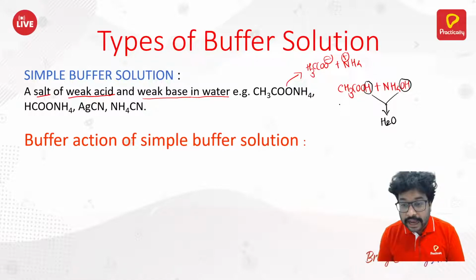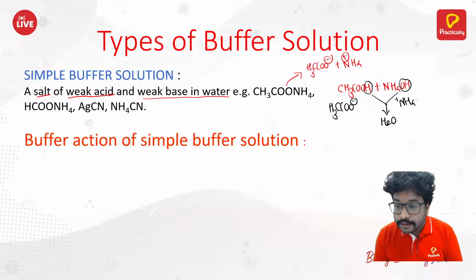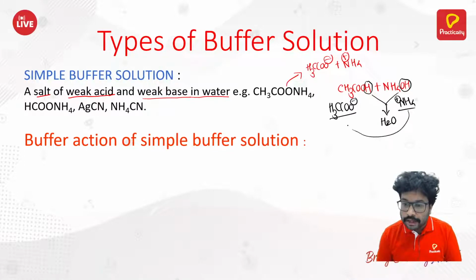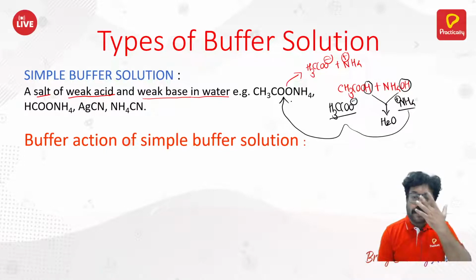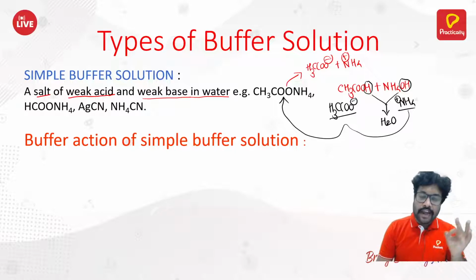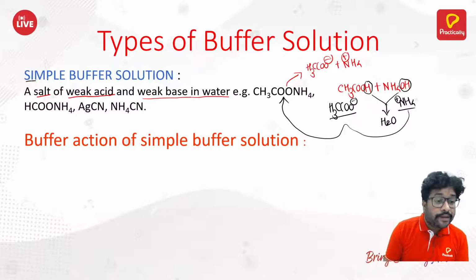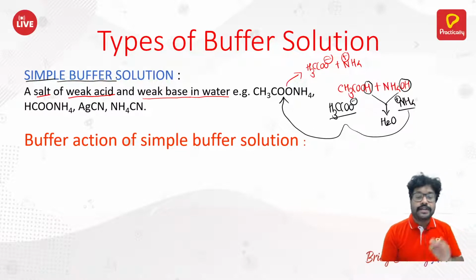What remains behind is CH3COO minus, the acetate ion, plus NH4 plus. So both of them are combining to give you this ammonium acetate. So ammonium acetate basically is a salt of a weak acid and a weak base. When you take that salt and dissolve it in water, it gives you a simple buffer solution.